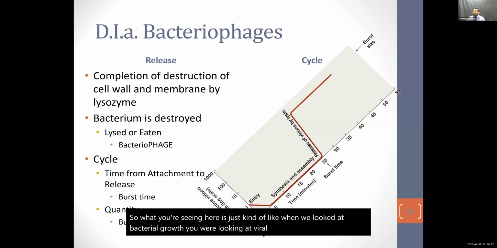And notice that little scale over there is 20 minutes. It's the burst time from getting in to making thousands of itself and then getting out. That's what we're talking about. And how many it releases is referred to as its burst size or burst quantity, depending on which one you want to use.